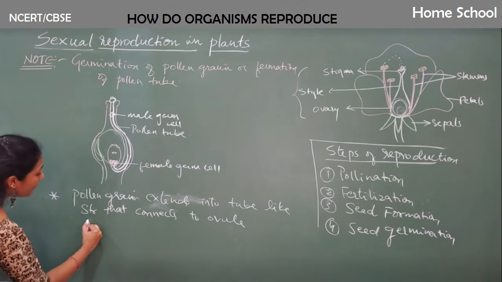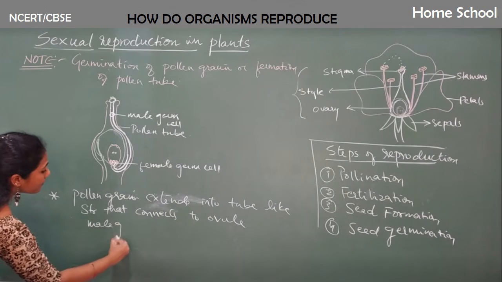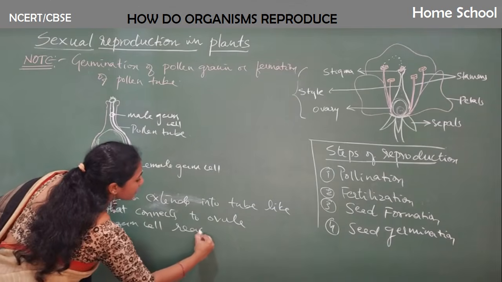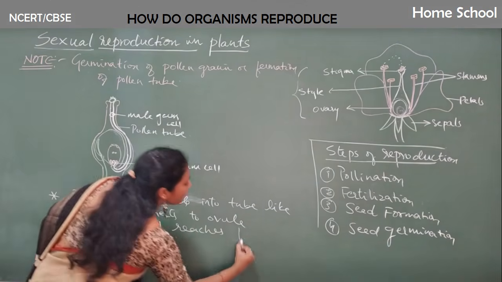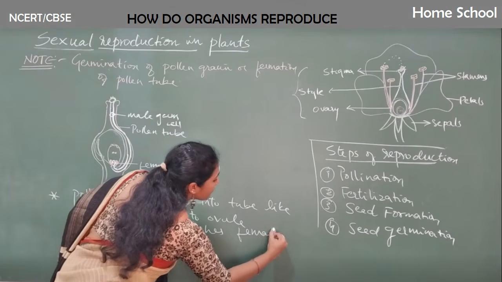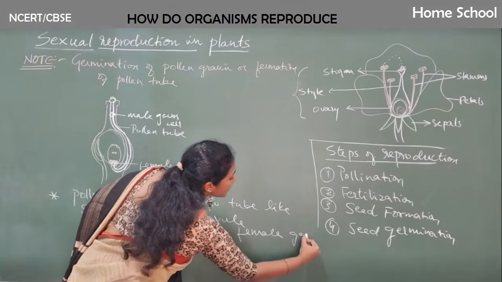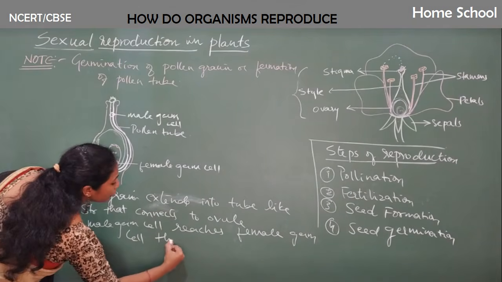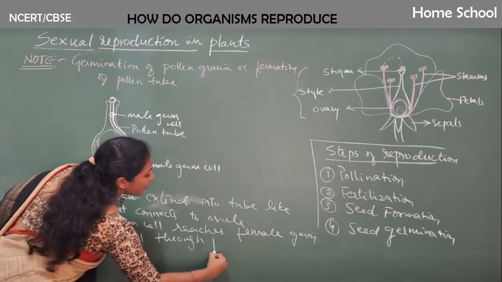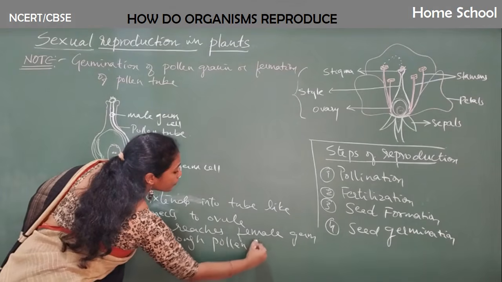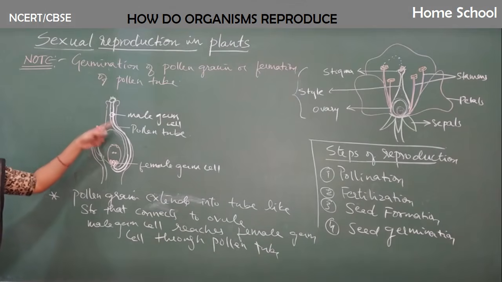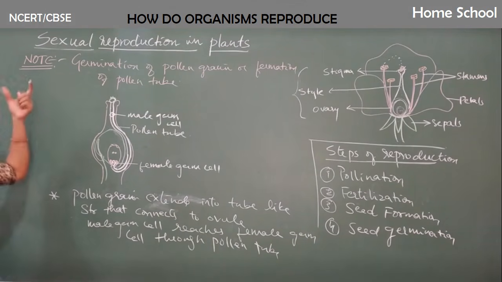Okay, so the male germ cell reaches the female germ cell through the pollen tube. So once the male germ cell reaches the female germ cell, what happens, guys?